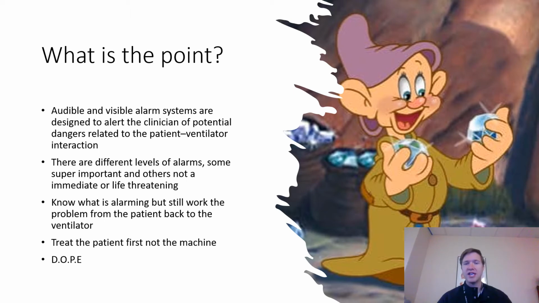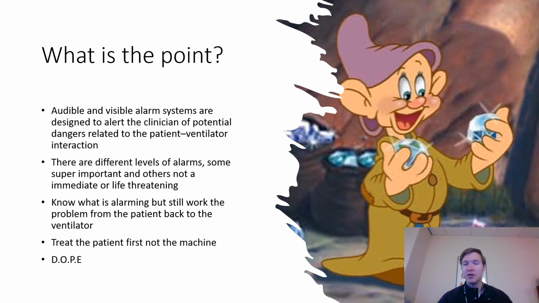We need to understand if there's a current danger going on, and if there is, what specifically is going on, and how are we going to address it? So one of the things you're going to have to pay attention to is what this alarm means, but what does my patient look like first? When you walk into that room, you're not treating a machine, you're treating the patient that happens to be on that machine.